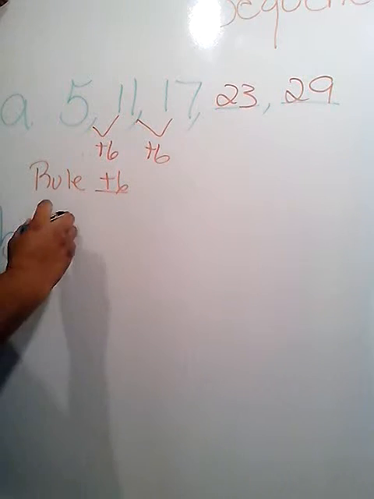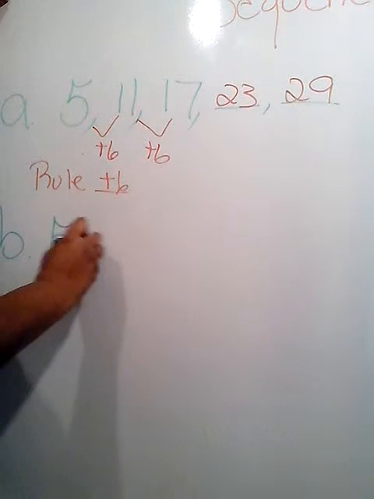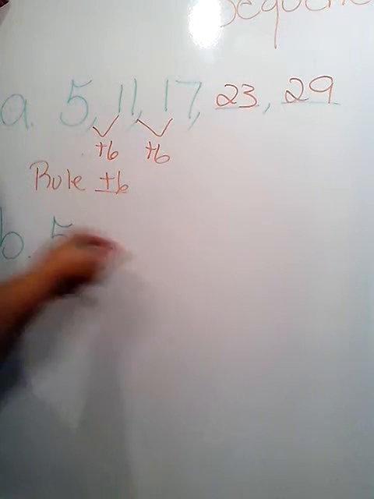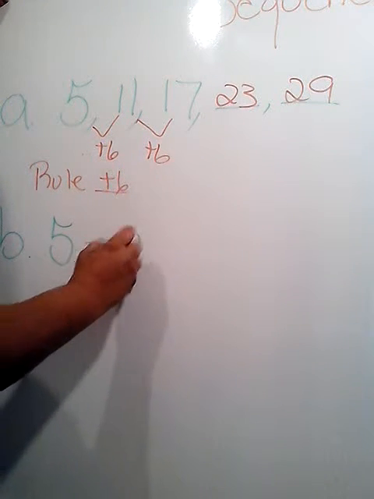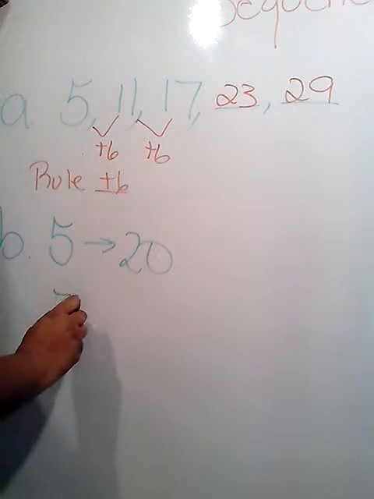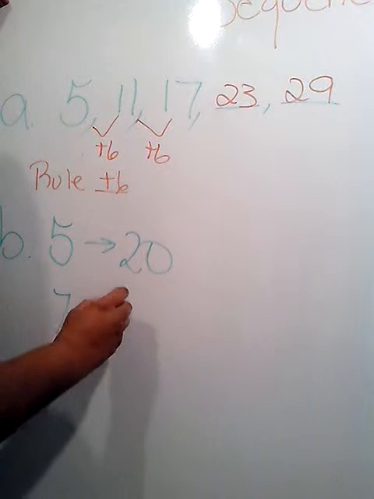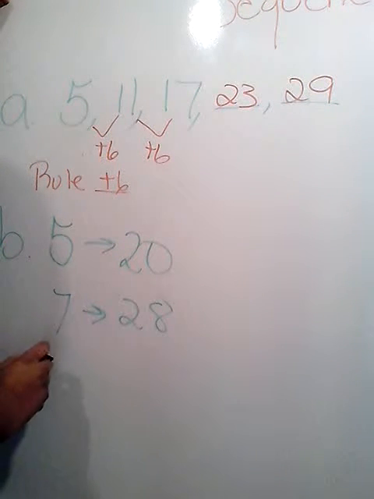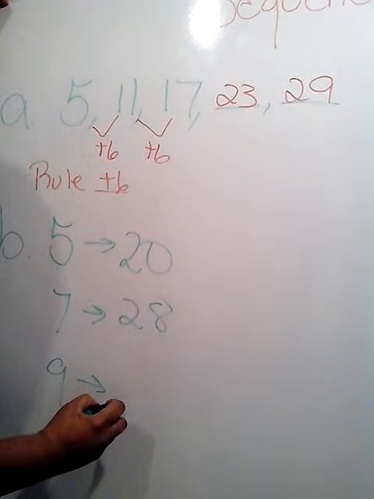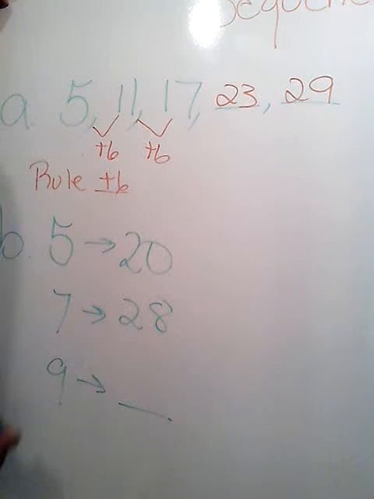So let's say I gave you 5, 20, 7, 28, 9. I want to know what goes there, and I also want to know what the rule is.